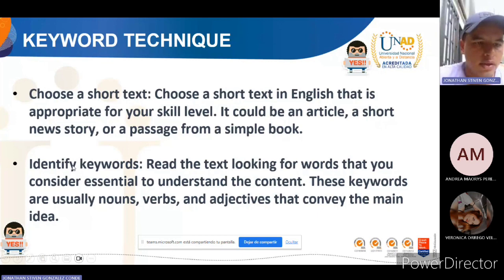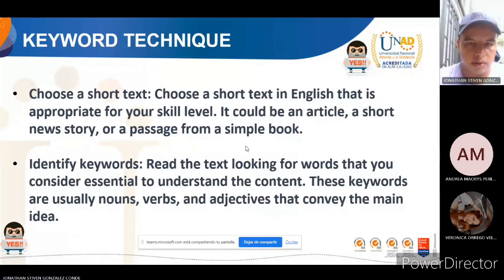The next, you need to identify keywords, and you need to read the text looking for words that you consider essential to understand the content. These keywords are usually nouns, verbs, and adjectives that convey the main idea.